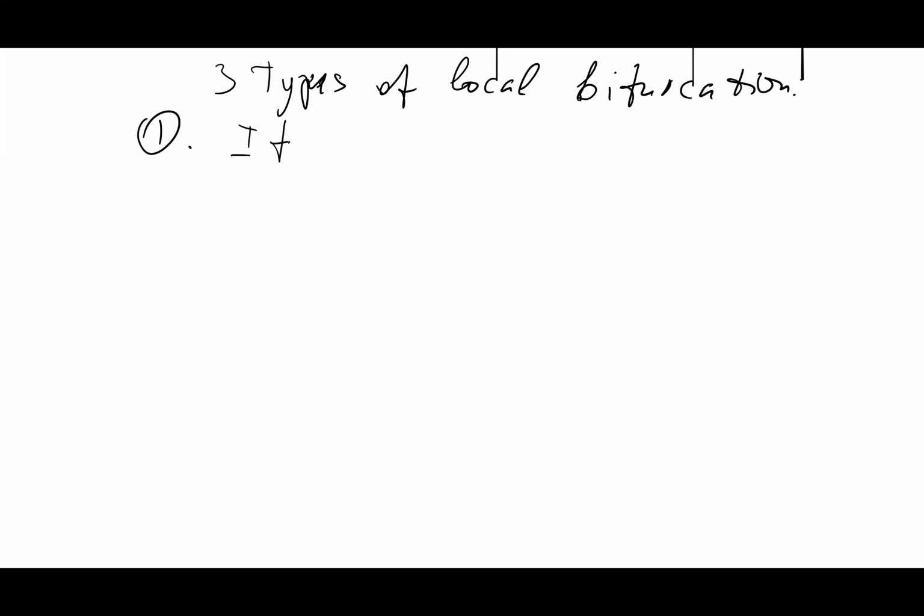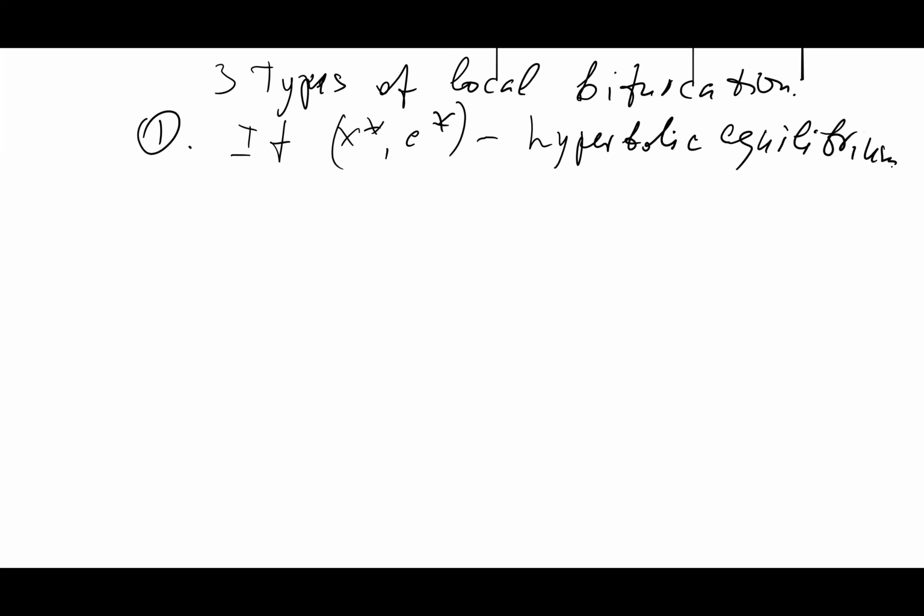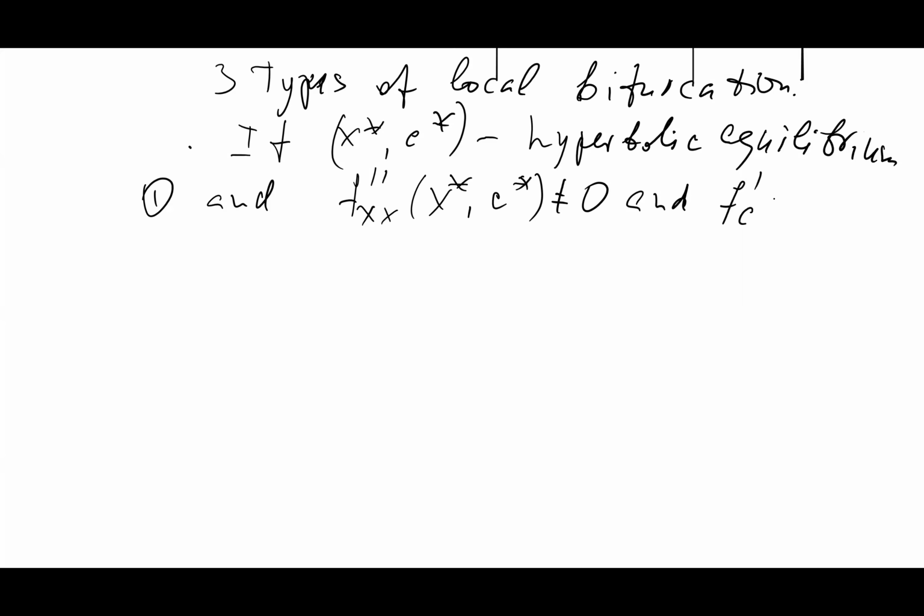If at x star, c star we have a non-hyperbolic equilibrium, which is pretty much the condition for all three cases, so I will say one here, and the second derivative over x at x star, c star is not zero, and the first derivative over c at x star, c star is not zero, then we have fold bifurcation.